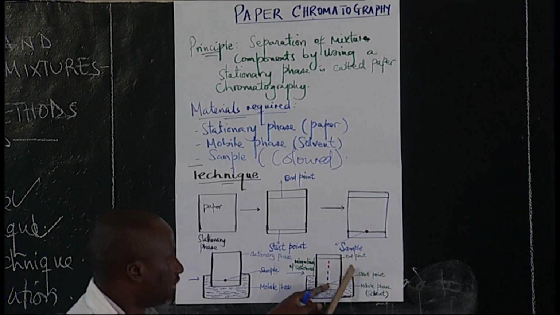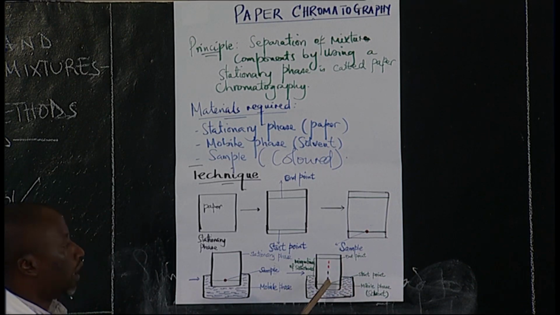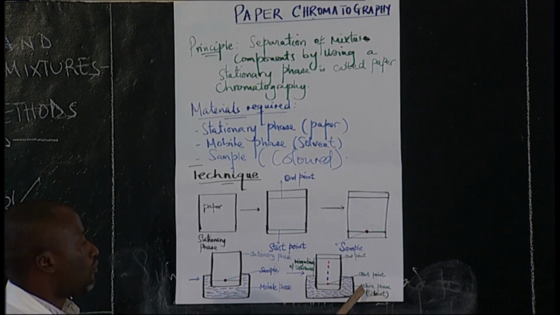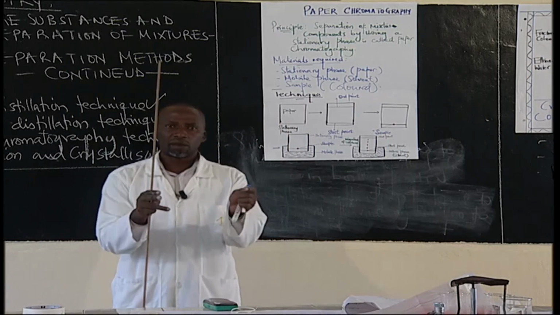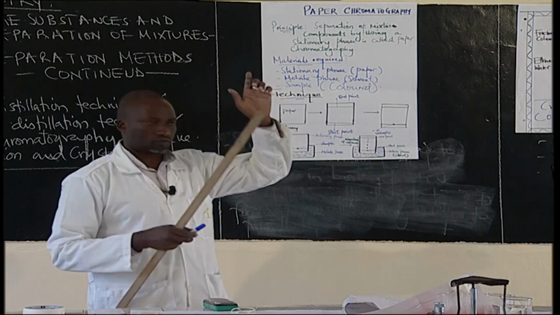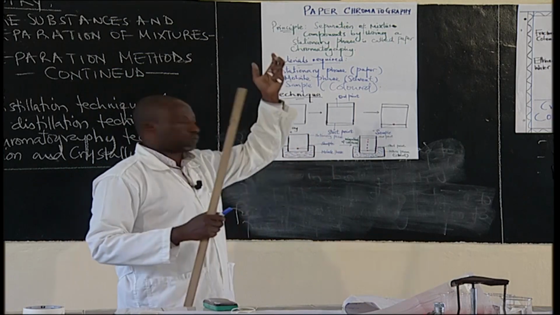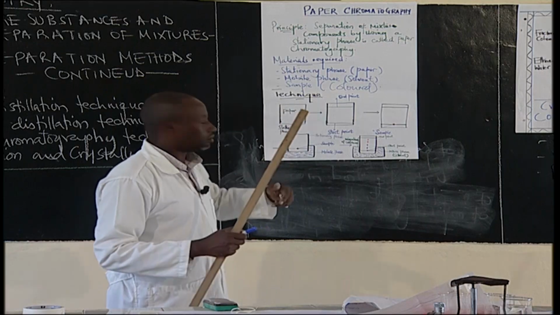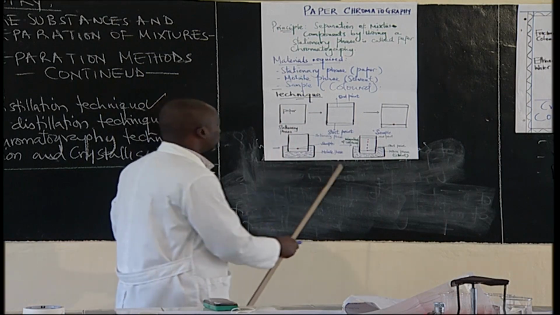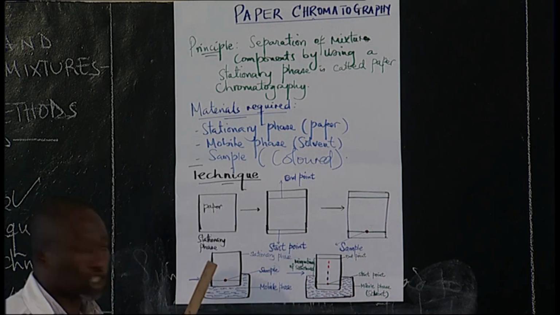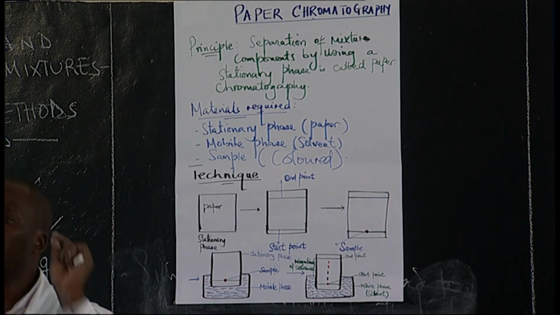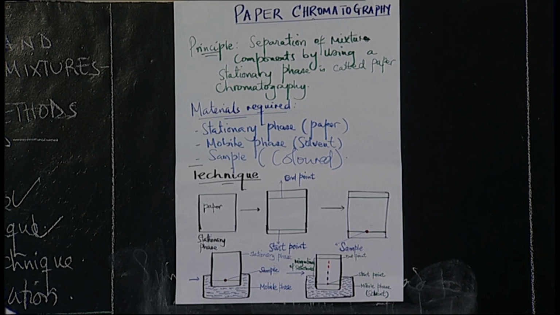The materials within the mixture at the start point will start moving up. We call it a vertical method. It will start migrating. This migration will depend on the solubility of the solutes within that material. So this one uses the solubility.